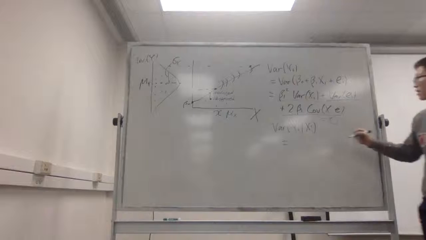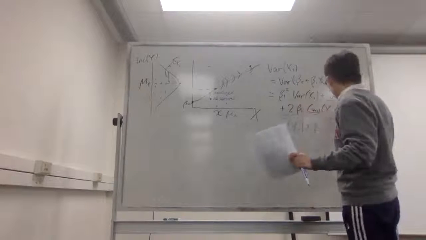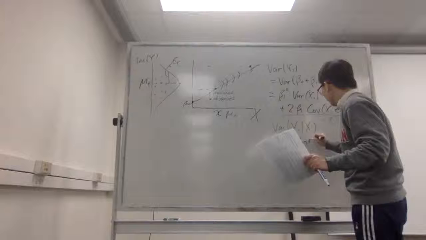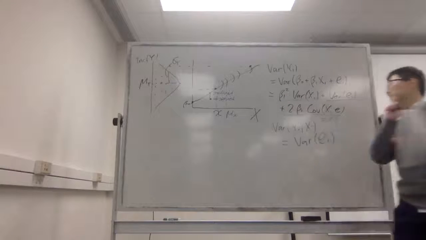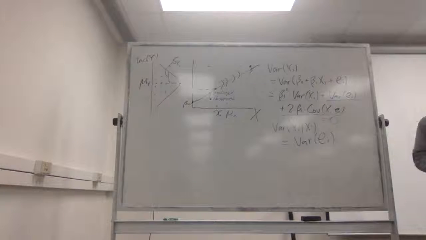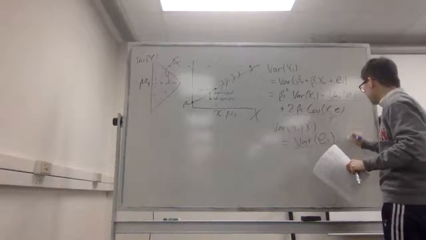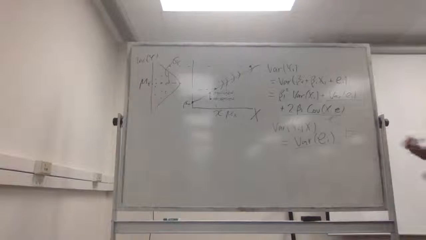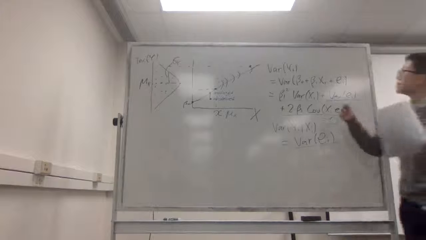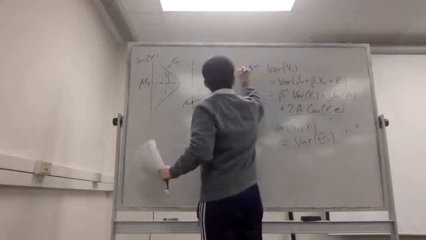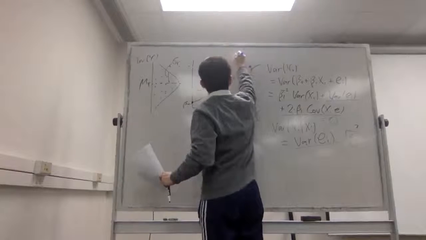So that way, it is also assumed to be 0. So this is the variance of ei. It is actually noted as sigma hat squared.